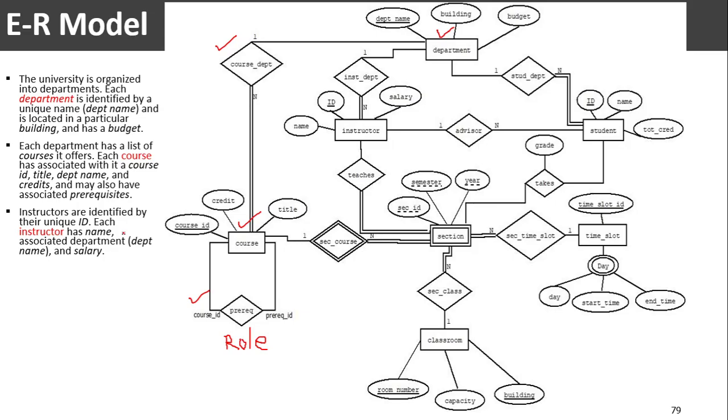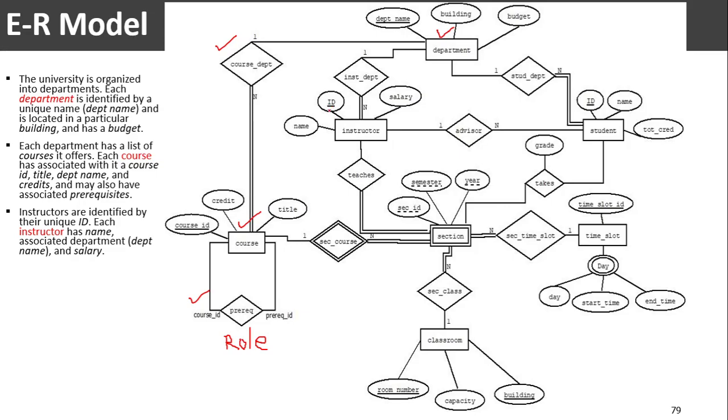Now, what is the next statement? Instructors are identified by their unique ID. Each instructor has a name, associated department, department name, and salary. So we have identified already that instructor should be the entity set. So we have depicted here this instructor as the entity set with unique ID. So ID should be the primary key for this instructor entity set.